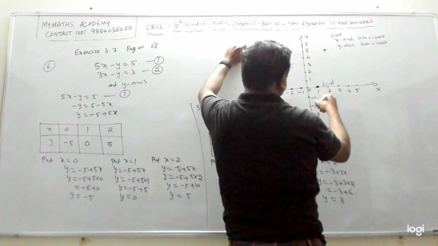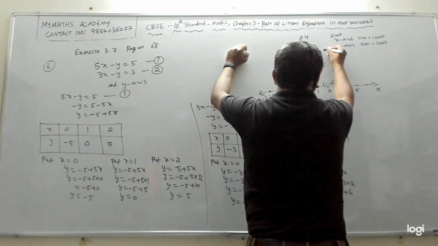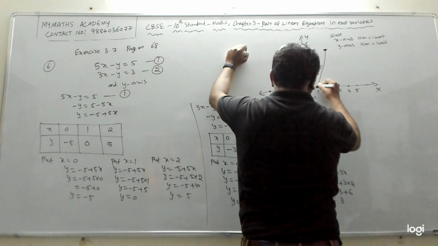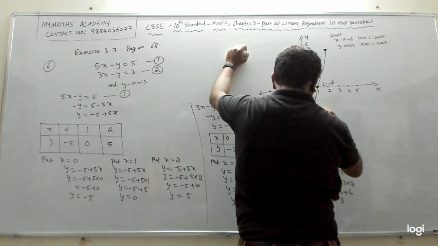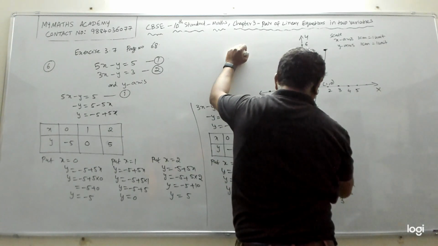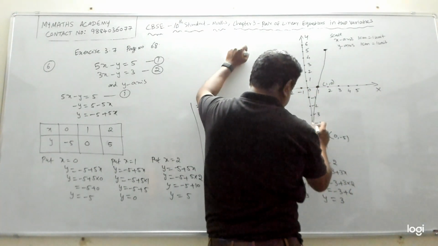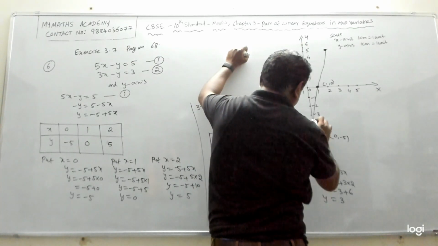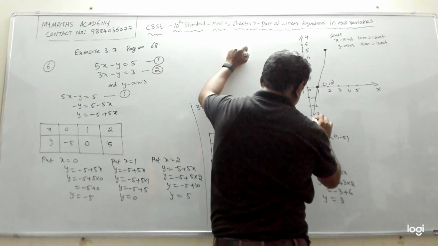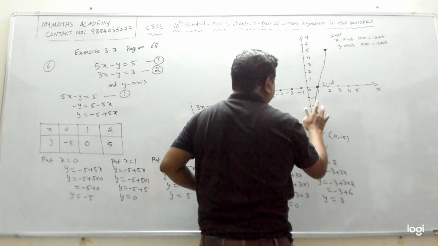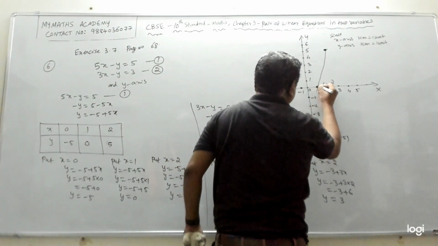Now join these. So I will join this first. If you join all the three, it will pass through this. See, I am drawing with a free hand. If you draw with the proper ruler, then you will get a straight line. Mine is getting bent here. So I have to go straight.